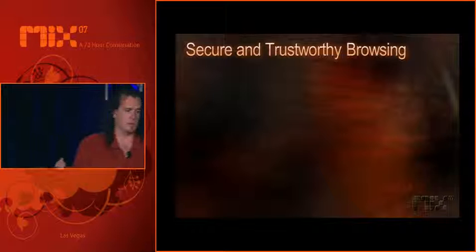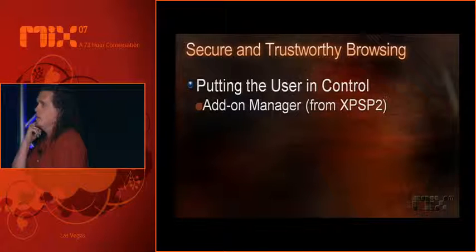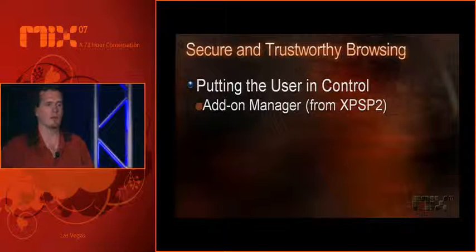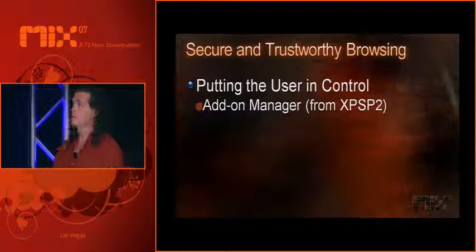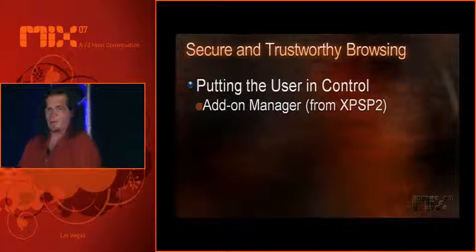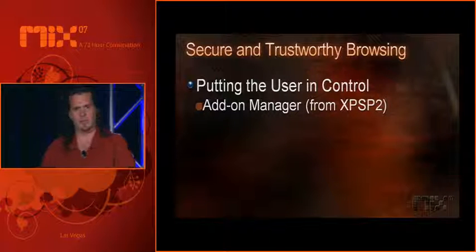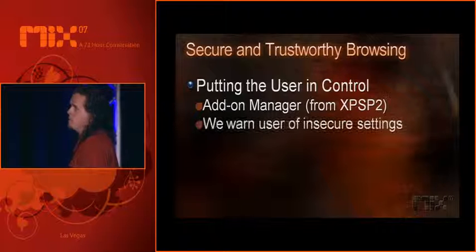In secure and trustworthy browsing, we focused on three main parts too. The first one was really putting the user in control, making sure that the user actually had the ability to manage their own security and that they were informed about it. Part of this was that we had an add-on manager that we shipped in Service Pack 2. Few people really knew about it because we didn't publicize it very well.